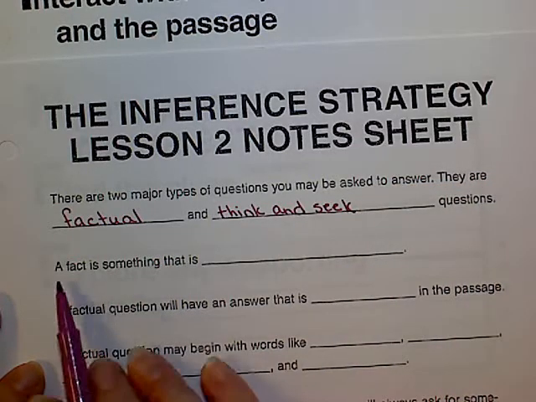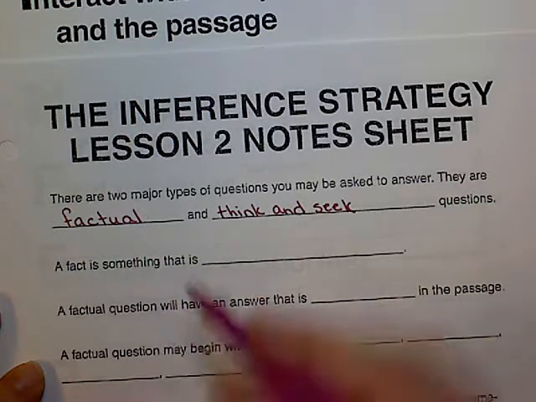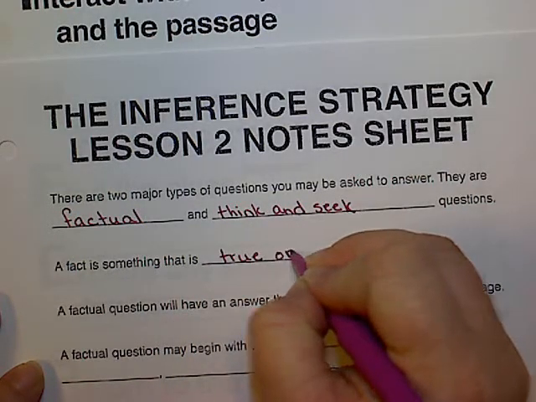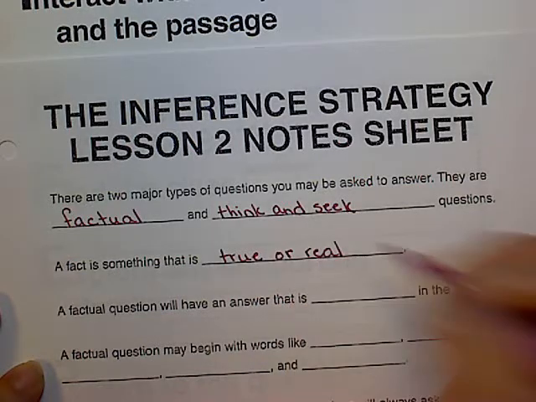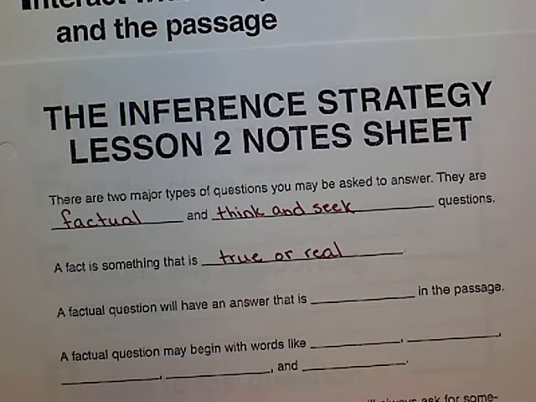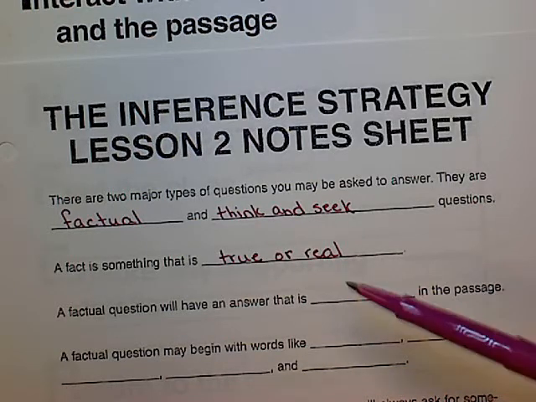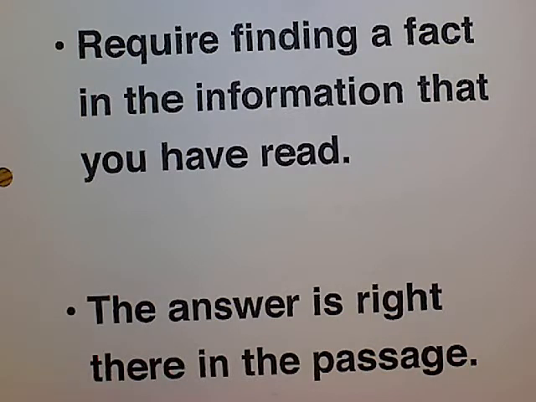Okay, so remember, a fact is something that is true or real. Make sure you have both of them down there. Okay, so based on the thinking of something being true or real, a factual question. Let's see if we can find our information here. I think I found it.